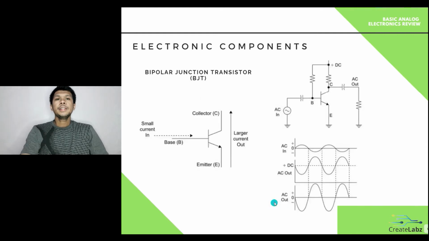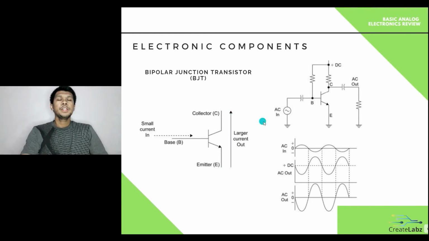Next, transistors. We will discuss two types of transistors, the bipolar junction transistor or BJT and the MOSFET transistor. The BJT is a three-terminal component. Its terminals are the base, the emitter, and the collector. It's usually used as a small signal amplifier, meaning a small input current at the base will cause a large output current between collector and emitter.